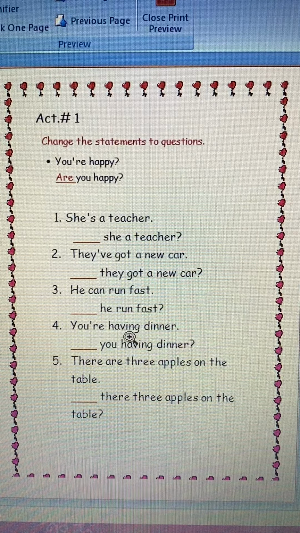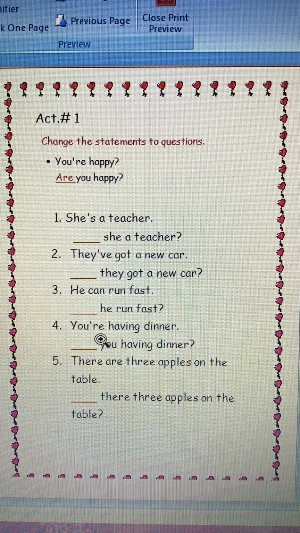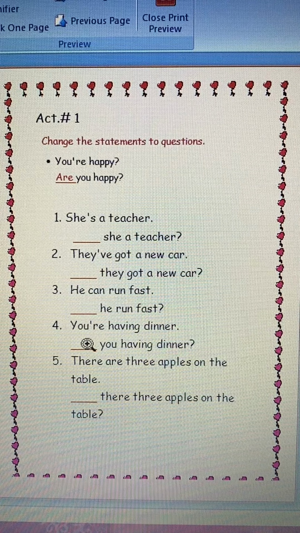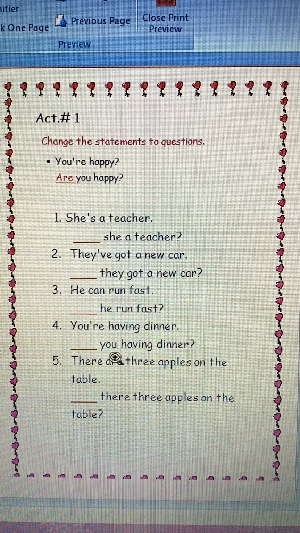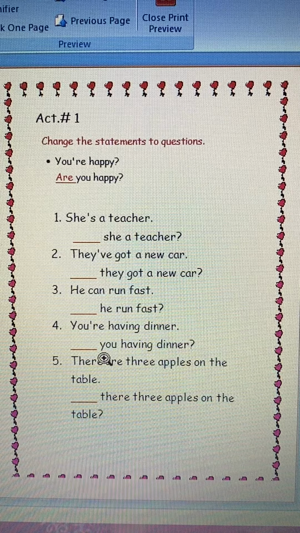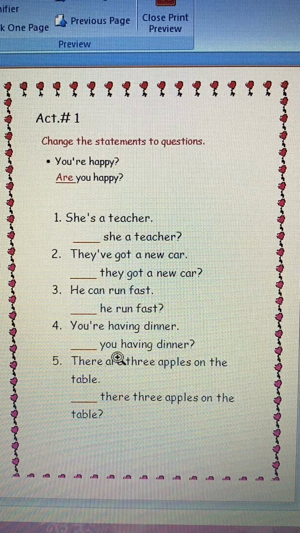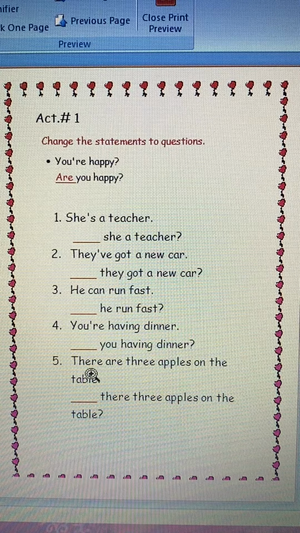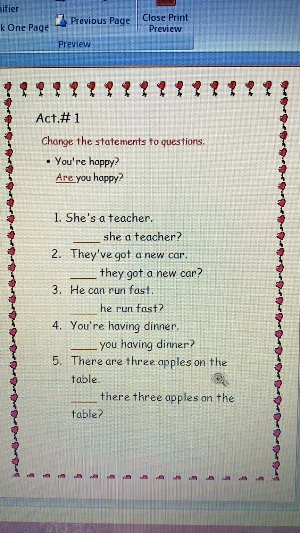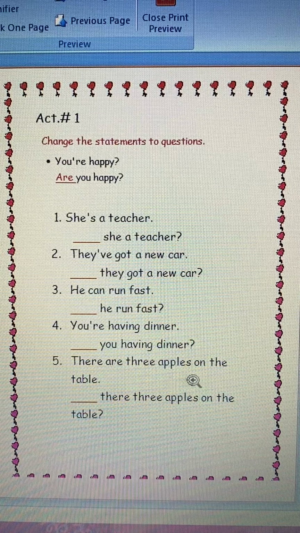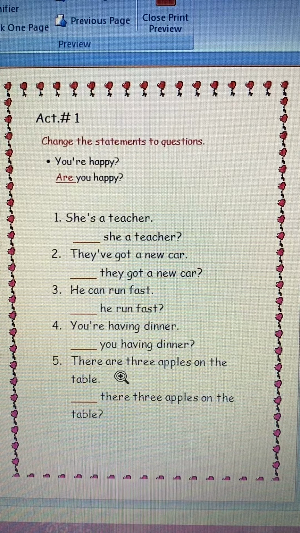Number 4, you are having dinner. The verb be is are. So you have to write are before the pronoun. Are you having dinner? Number 5. There are 3 apples on the table. What is the verb be in the sentence? Are. Okay?